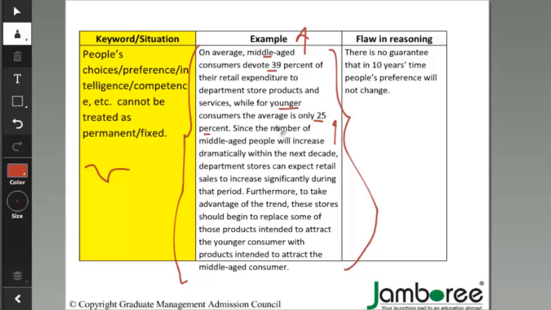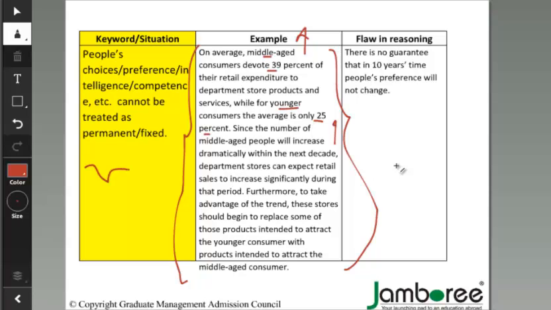But one higher level flaw is that the people who will become middle-aged in the next decade may not have the same choices or preferences as the people who are middle-aged now, because they are going to be a different group of people.